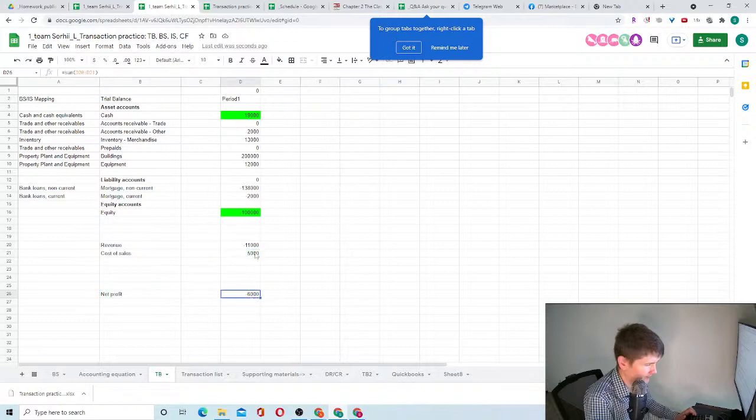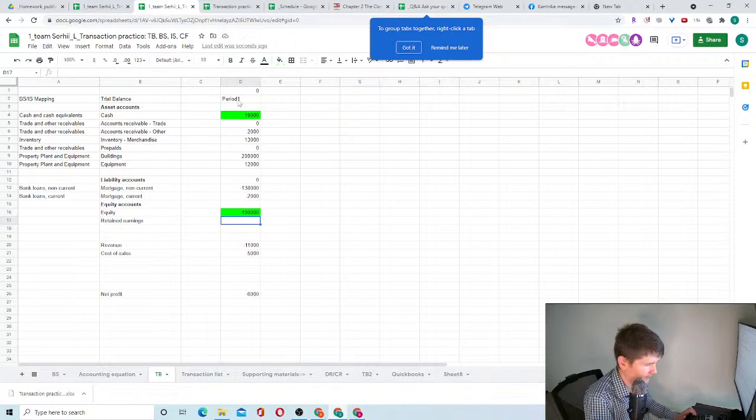So that credit entry, when you close the period, will go into your equity. It will be retained earnings. And when you close the period, it will add to your equity.